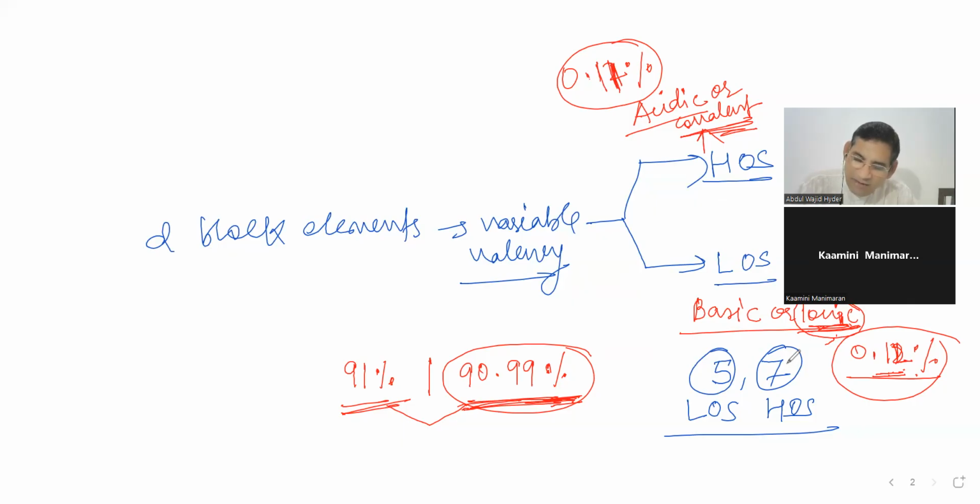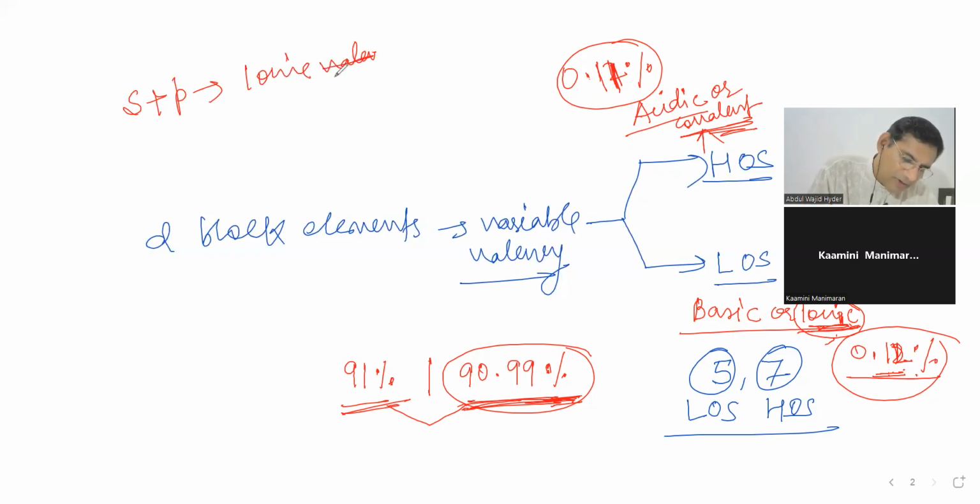In the first half, Babu, you said that S and P block elements will form ionic or electrovalent bonds. This we have written now. What about D block elements and P block elements?